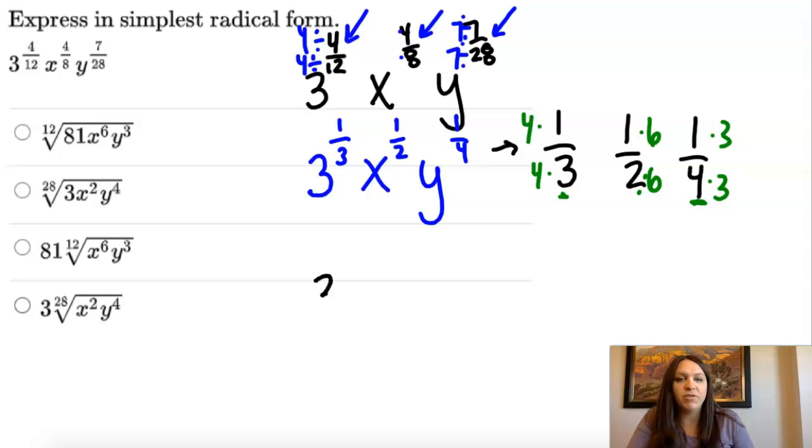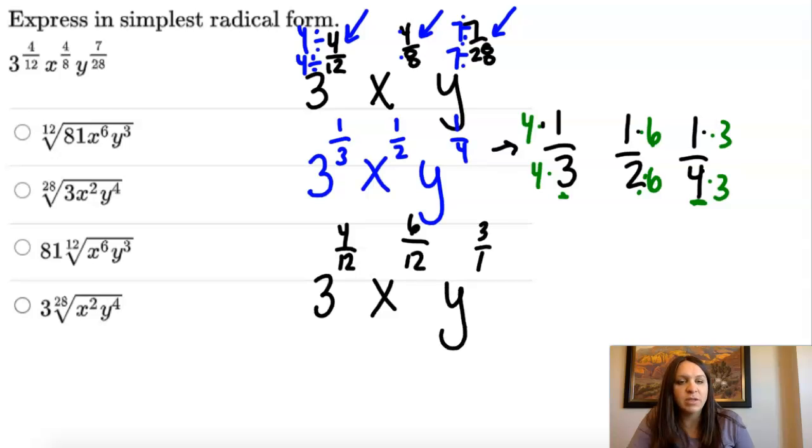So now I have 3 to the 4/12, that's what we started with. That's okay though. Now we're going to change the x to be 6/12 and then y to be 3/12. So I just took all these fractions back down to their base.